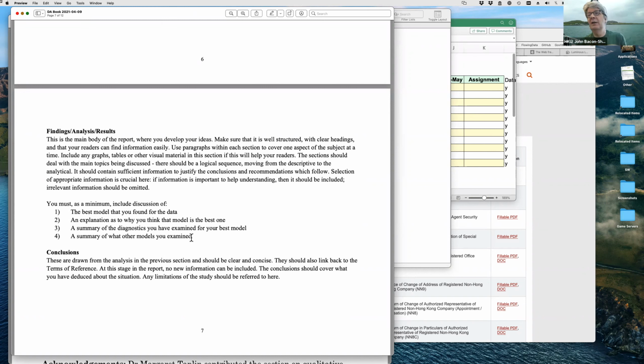These are the sorts of things that you need to be considering. Okay, and then the conclusions should link back to the terms of reference and those 4 discussion areas that we've just mentioned. And in the conclusions, you should reference any limitations.